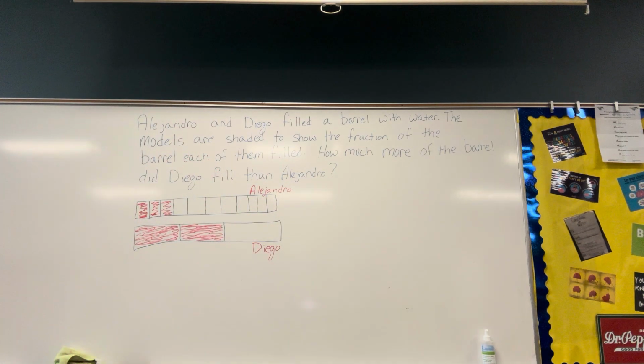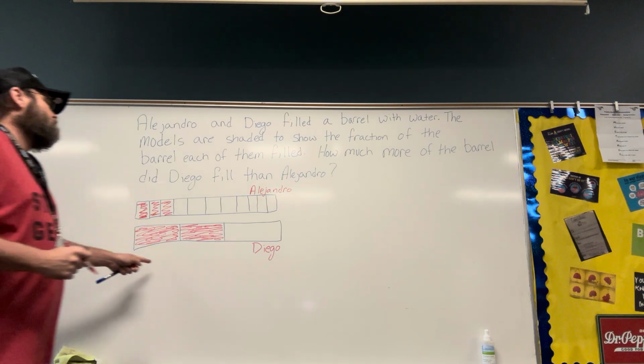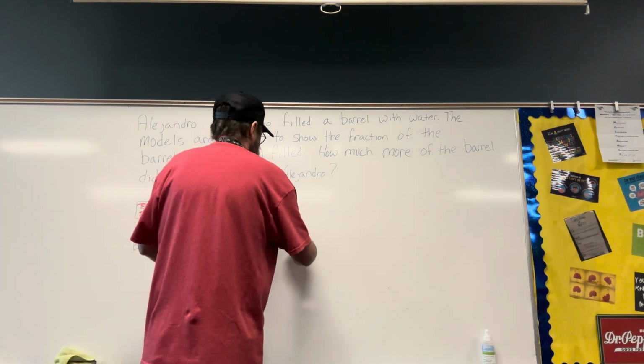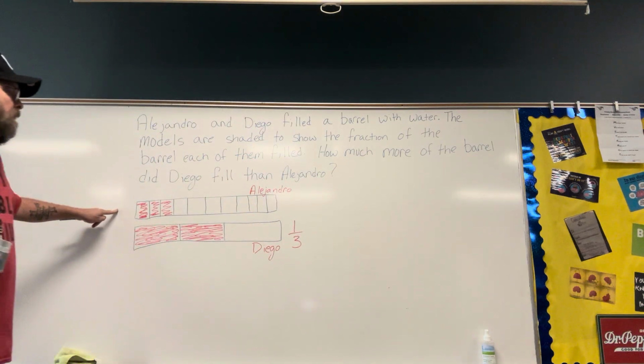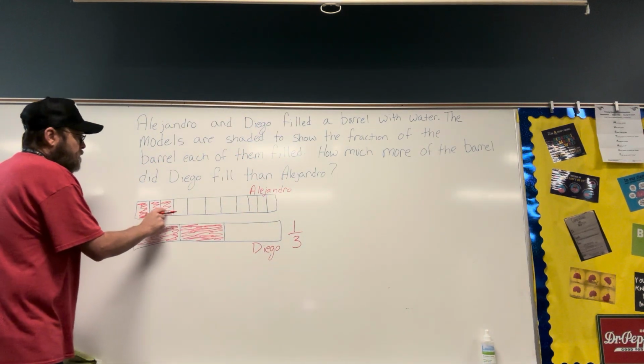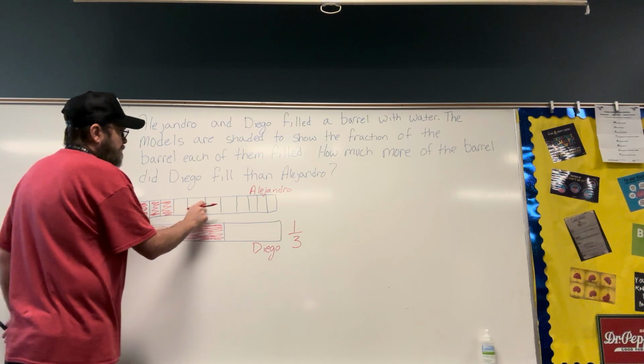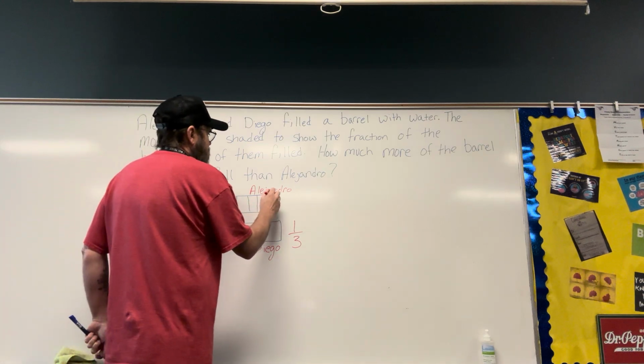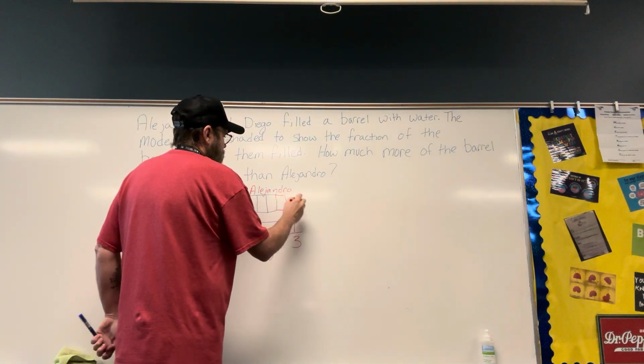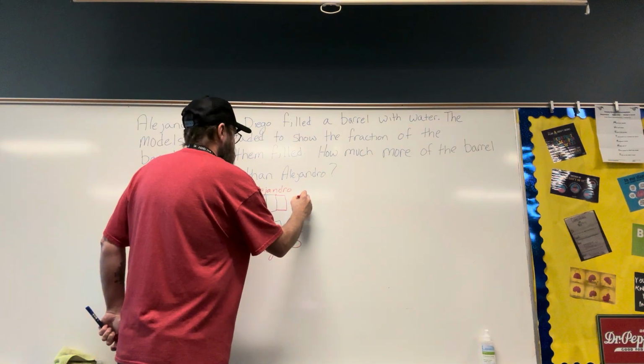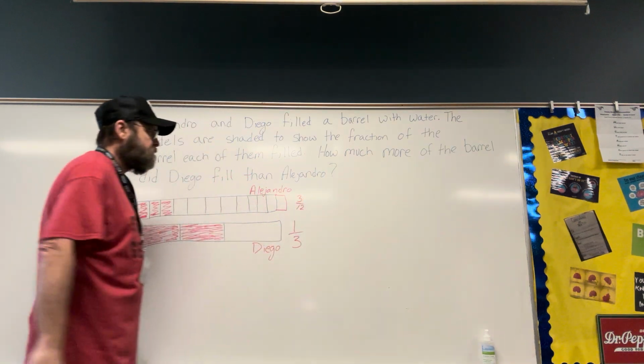Now we're going to have to answer, obviously, in a fraction, because those are not whole numbers. Diego's is 1/3. Alejandro's is 1, 2, 3 out of 4, 5, 6, 7, 8, 9, 10, 11, 12. So his is 3/12.